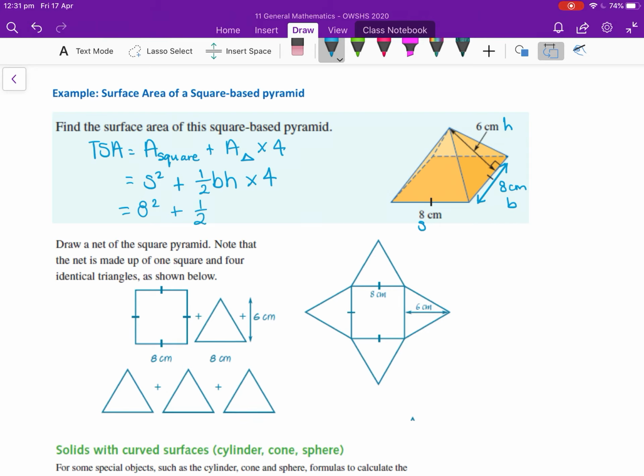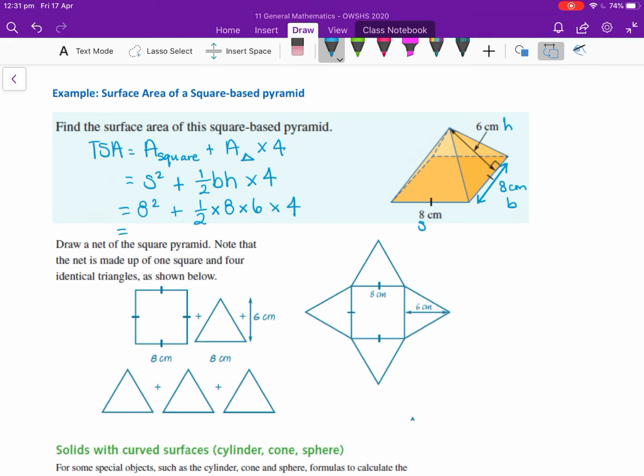Like we've been saying, we don't have times there, but you need to know that it is multiplying between each of those variables. So half times the base, which is 8, times the height, which is 6, and then times 4 because there are the 4 triangles.